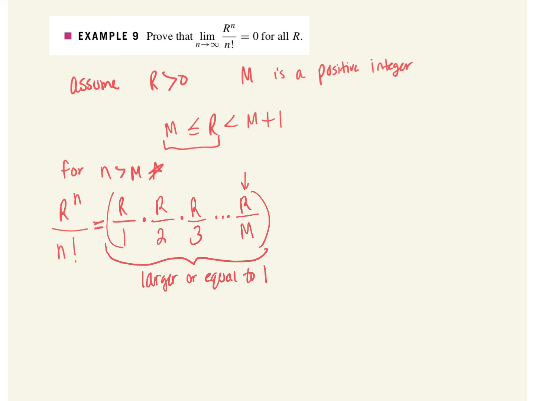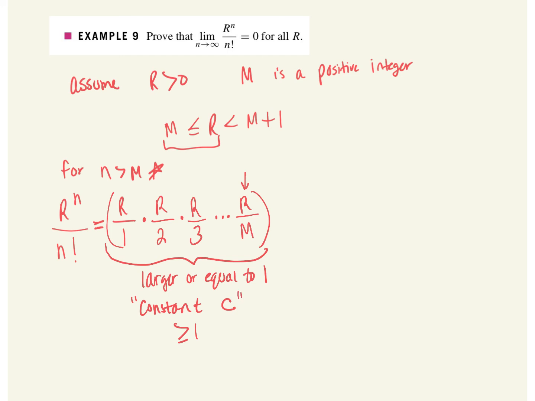So then r over m is still a number larger than or equal to 1. So every fraction prior to that is a number larger than 1. So the product of that is a number larger than 1. So I can name this some constant c, and I know that it's greater than or equal to 1.